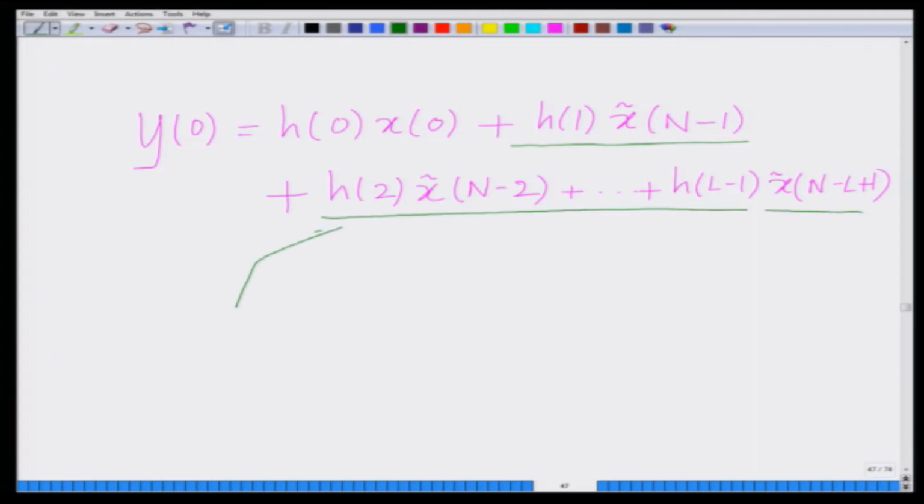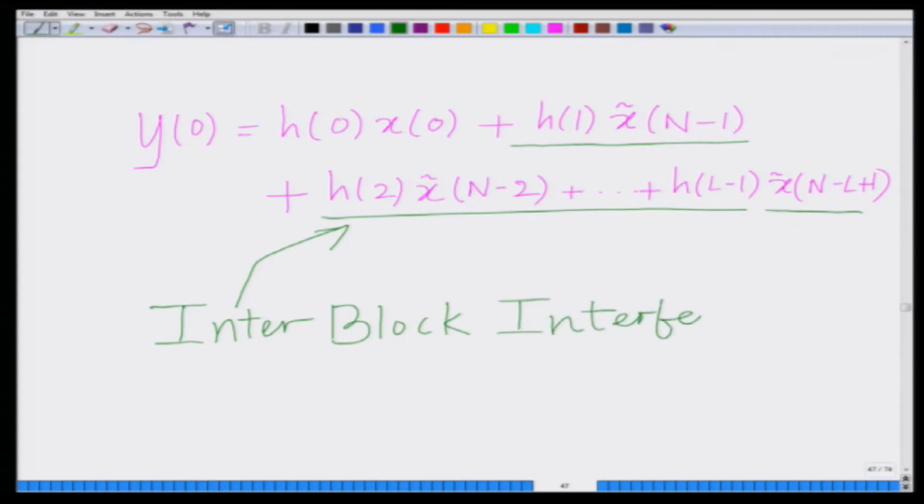So, we are seeing a new term here, there is interblock interference, or IBI.